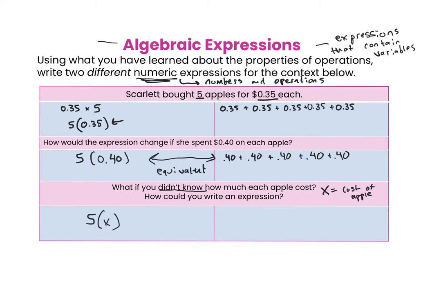Using Mary's method, we're going to say, well, we bought 1 apple for x dollars, and then another apple for x dollars, and then another apple for x dollars, and another one for x dollars, and another one for x dollars. Again, these are equivalent.